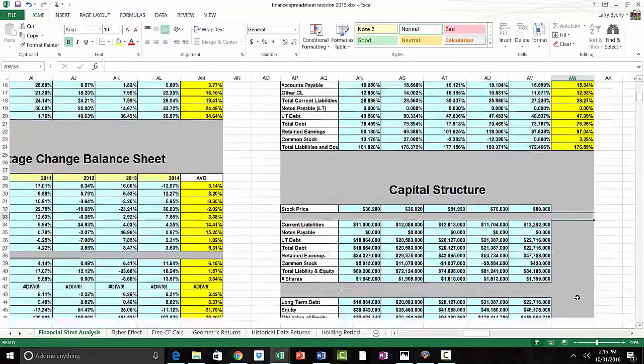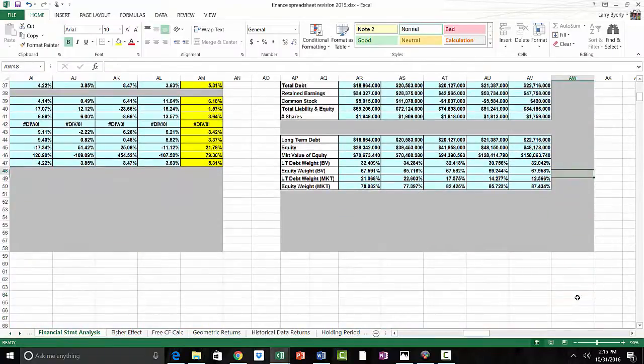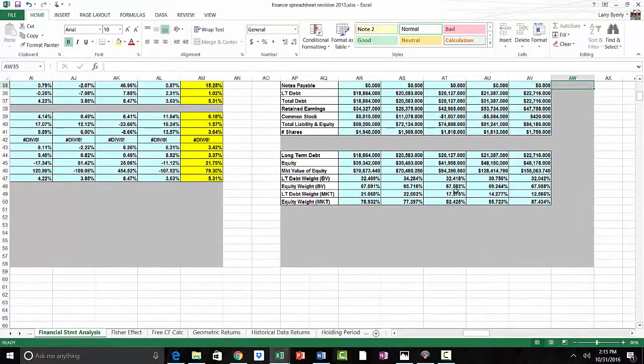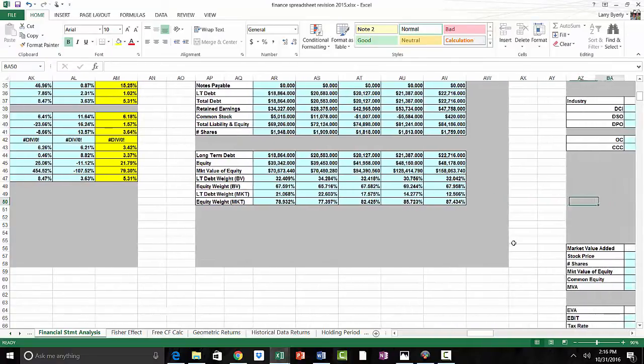We can, again, look at these line items and tell, right, if you look here, long-term debt this last year has been about 32%. That must mean 67% is the equity portion. This is in book values. But if you look at market values, you can see that equity is about 87% of the financing that goes on inside the company.